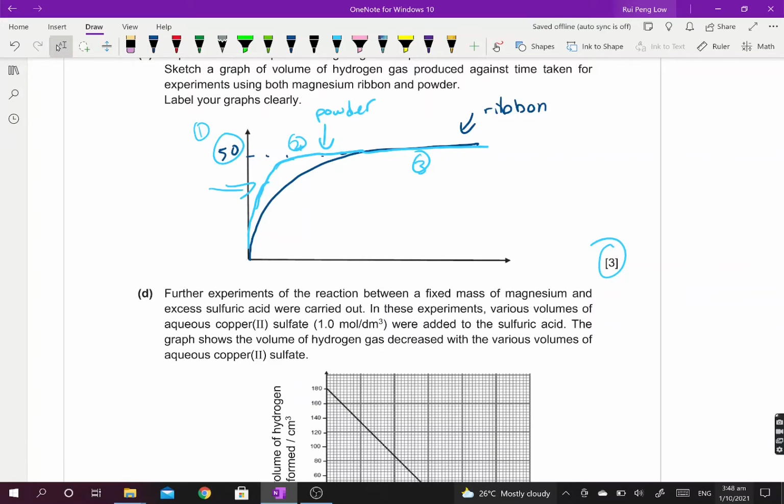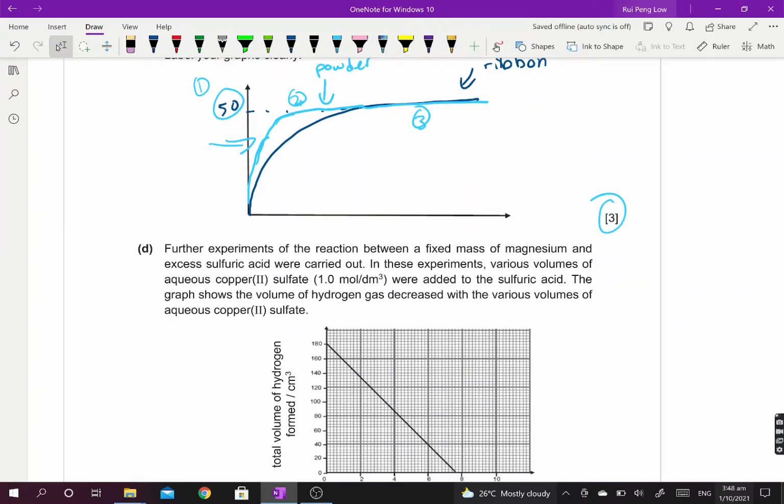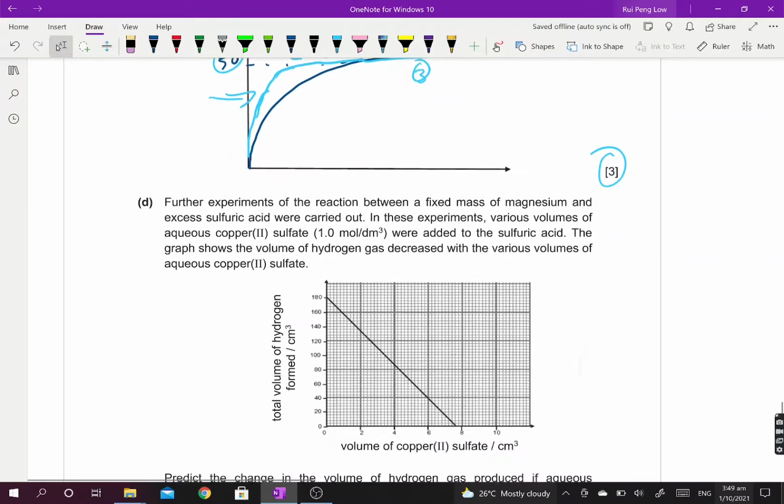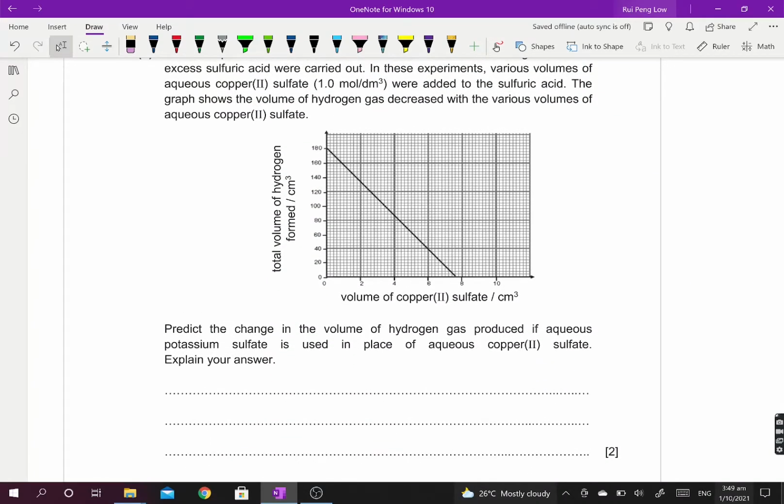Further experiment of the reaction between fixed mass of magnesium and excess sulfuric acid were carried out. In this experiment, various volume of aqueous copper 2 sulfate were added to sulfuric acid. The graph shows the volume of hydrogen gas decreased with various volume of aqueous copper sulfate. Okay, so what you notice is that the more aqueous copper 2 sulfate you add, the less hydrogen it produces.